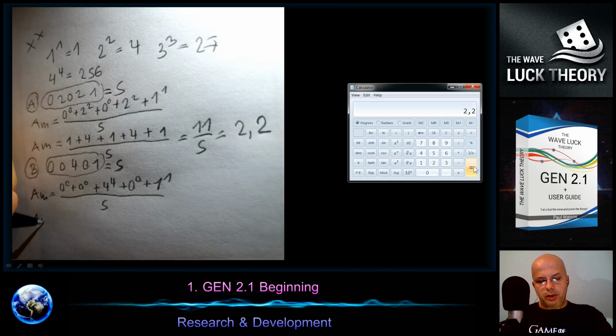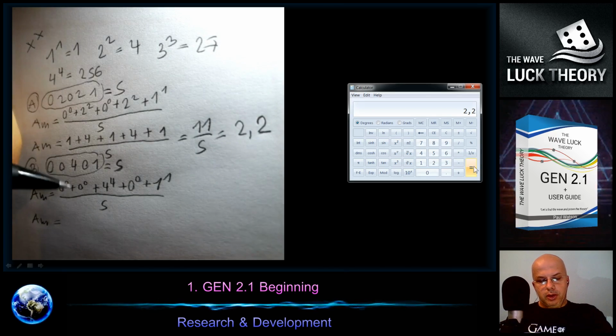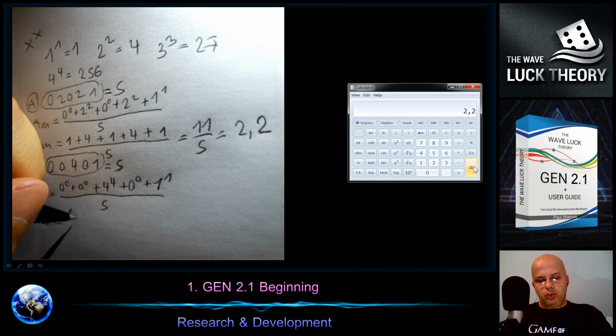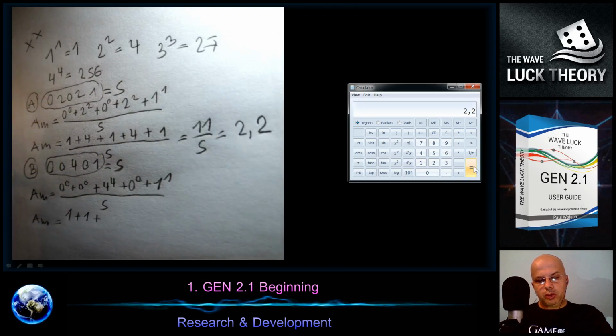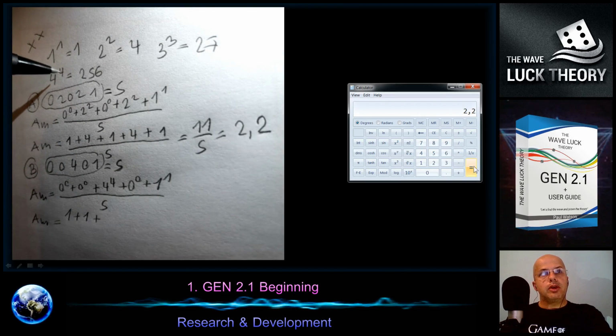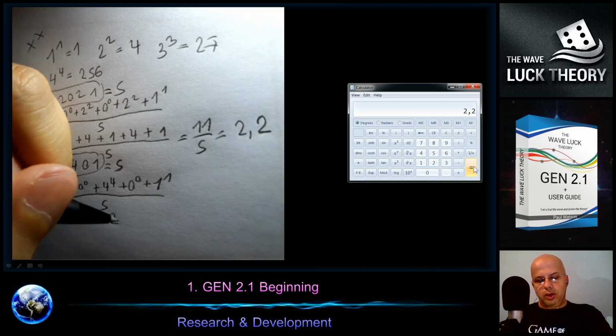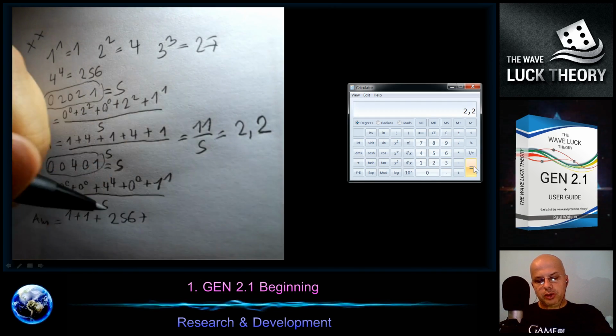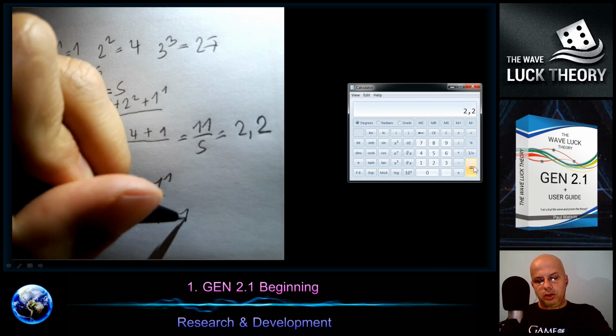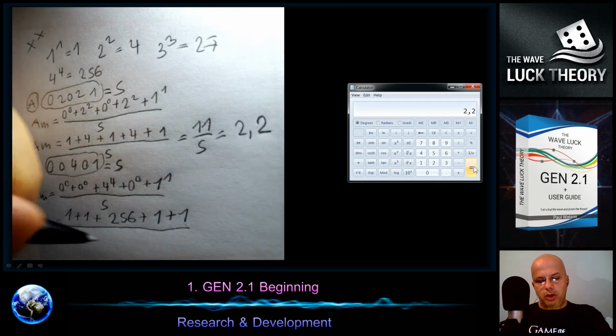And we will write it here. And we know it's 1 plus 1 plus, as we calculated here, 4 on 4 is 256, plus 1 plus 1, divided by 5.